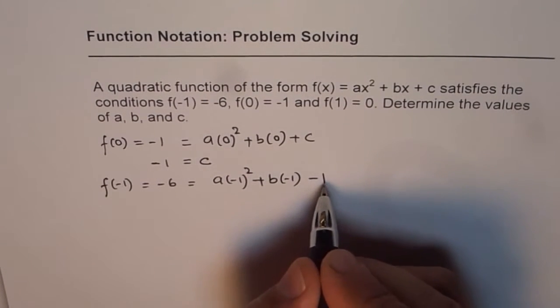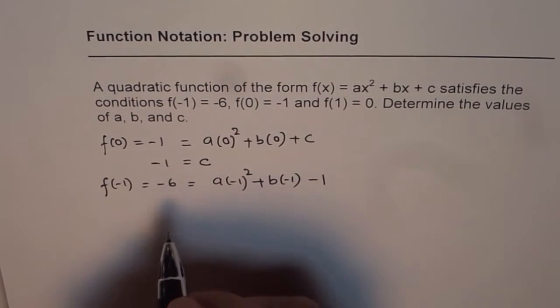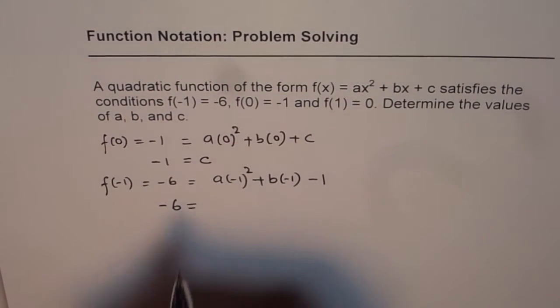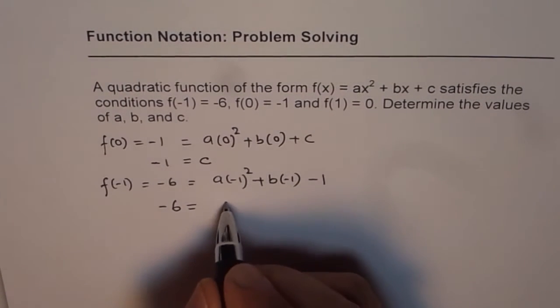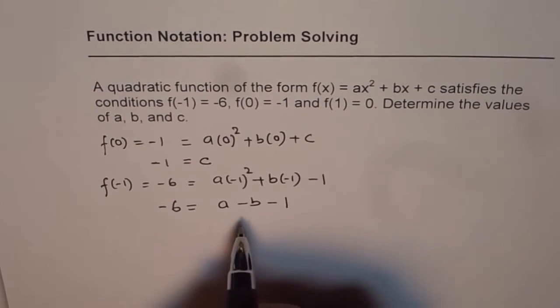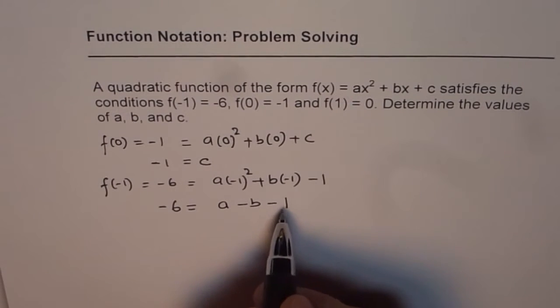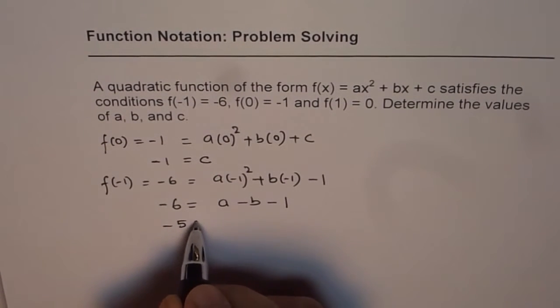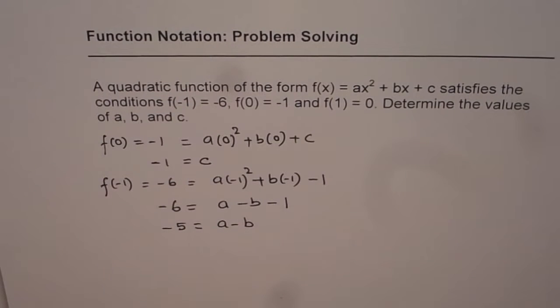Let's substitute minus 1 for c from what we just calculated. So this equation can be simplified as minus 6 equals a minus b minus 1. Let's bring 1 to this side. So minus 6 plus 1, that is minus 5, equals a minus b, right?